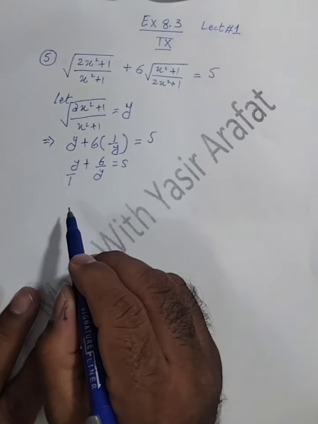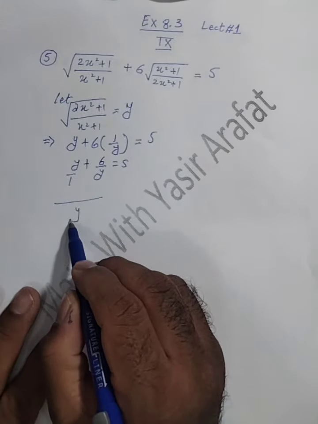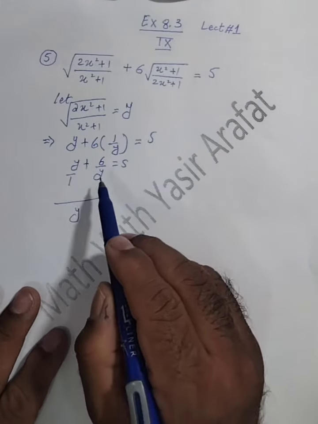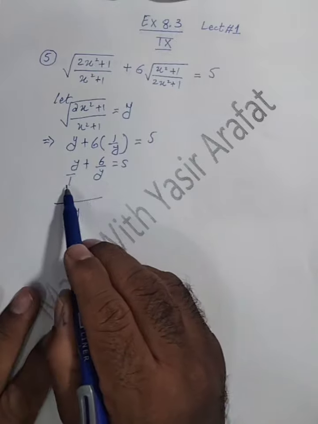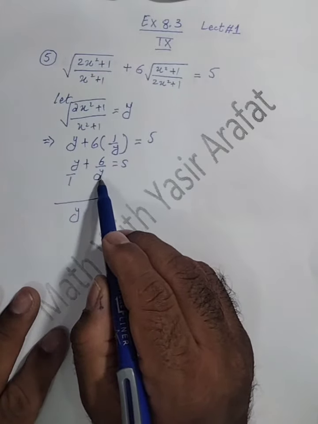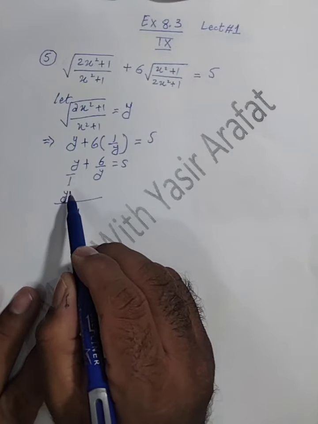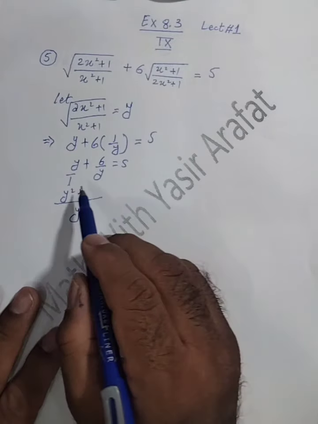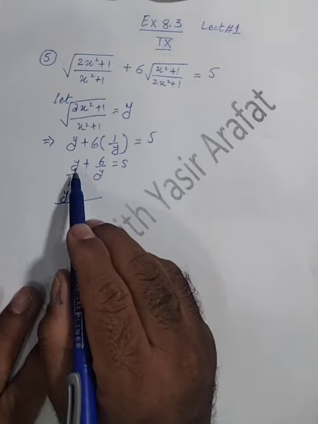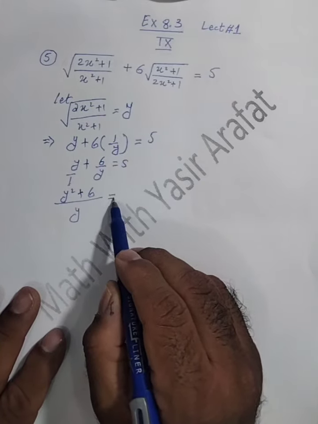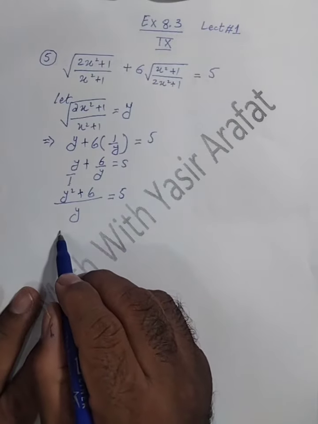Now we have the denominator 1 if there is no denominator. Now y multiplied by 1, y. This is the ordinary LCM, we just have to multiply with the denominator, and then y multiplied by y, bases are the same, powers will be added to each other. So y multiplied by y is y square. 6 ones are 6. It is equal to 5.